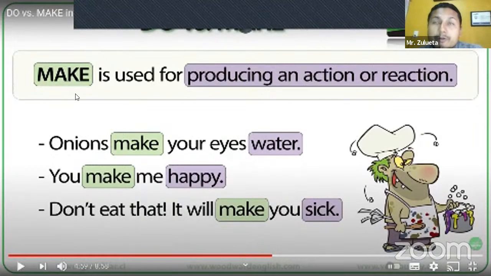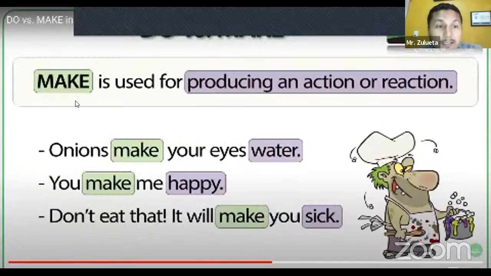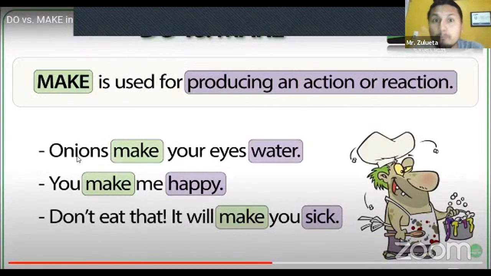Okay, so another context in which I can use the verb make is for producing an action or a reaction. Okay, so for example, if you chop onions, the onion will make you cry. You can use make, well, we can change this expression with a person.